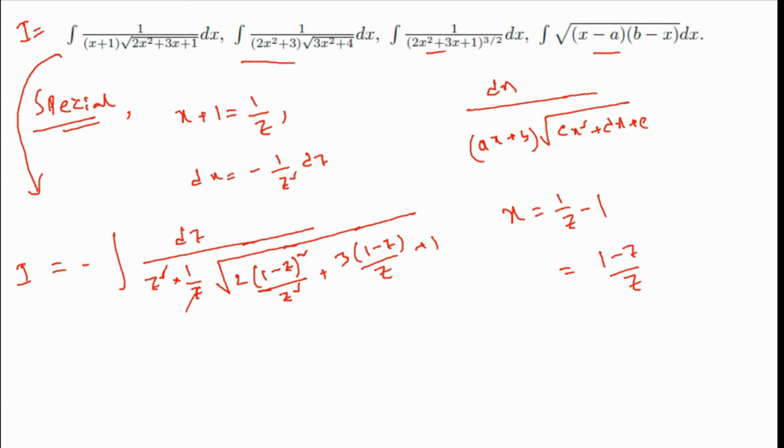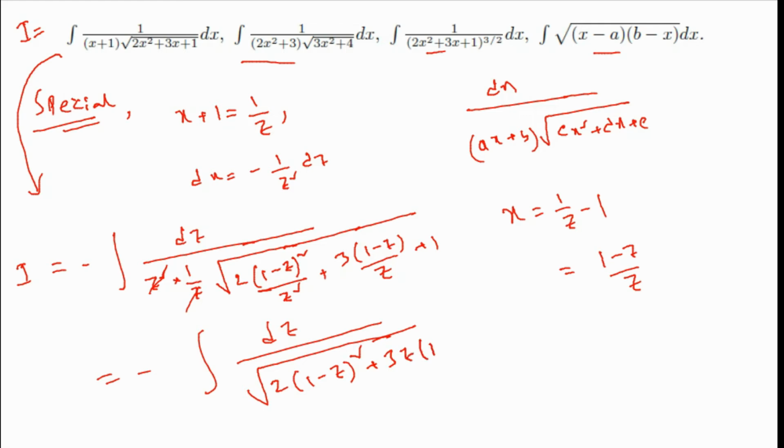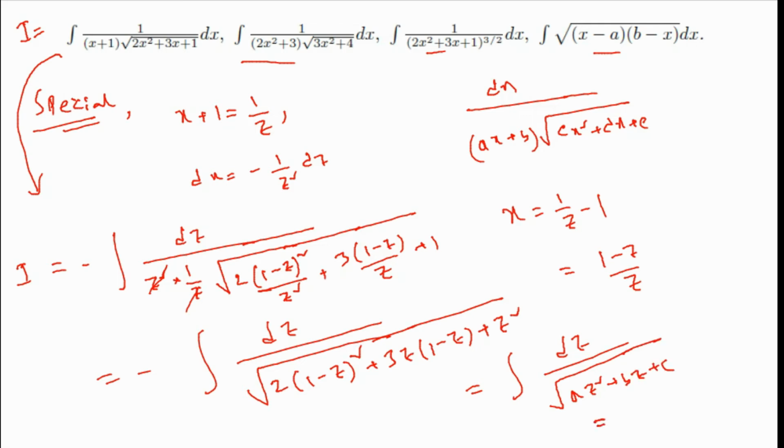And one z will get cancelled from here, and again another z square will be coming out, so all this cancelled. So minus integration dz by root of 2 into (1 minus z) whole square plus 3z into (1 minus z) plus z square. Now you can easily solve this, because it looks like the form dz by root over (az square plus bz plus c). You can just solve this by some kind of integration dz by root over (z plus alpha) whole square minus some beta square, and all these forms are known forms.